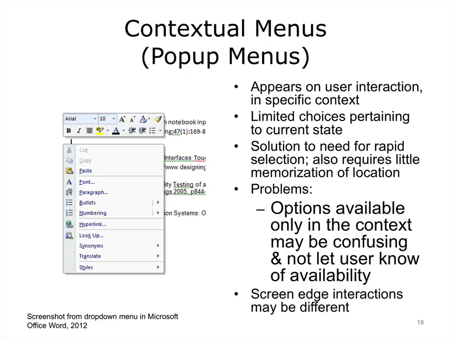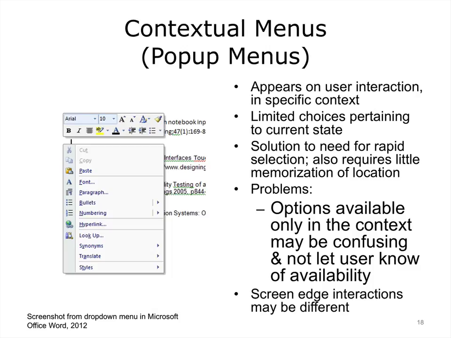Contextual menus are very common, particularly in the Windows operating system. They are launched by a specific user interaction, such as a right click of the mouse. Contextual menus offer a set of limited choices pertaining to the current state of the system. Usually, these pertain to an object selected by the mouse action.